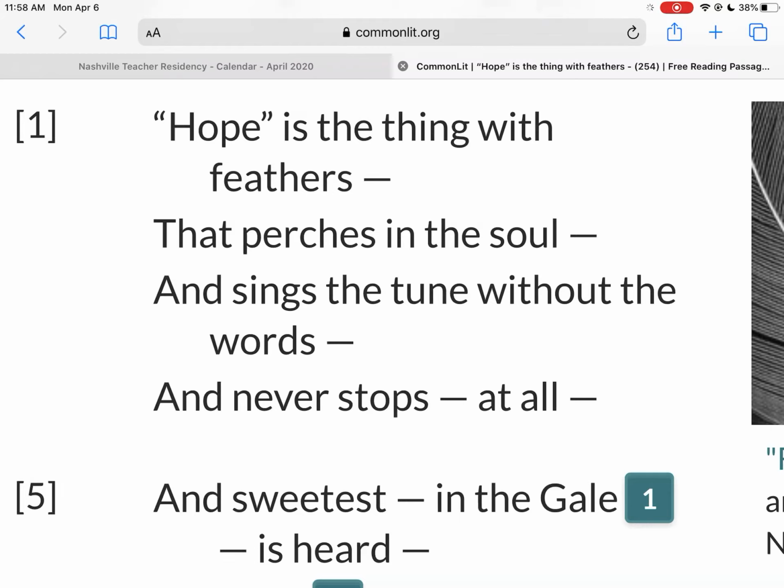Hope is the thing with feathers that perches in the soul and sings the tune without the words and never stops at all.